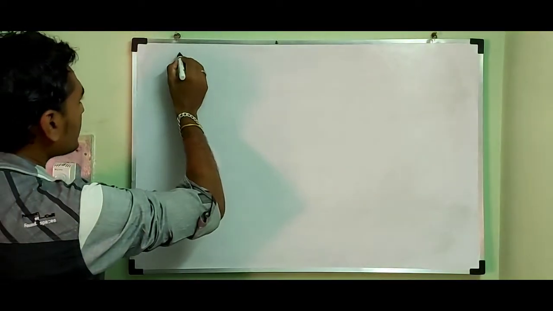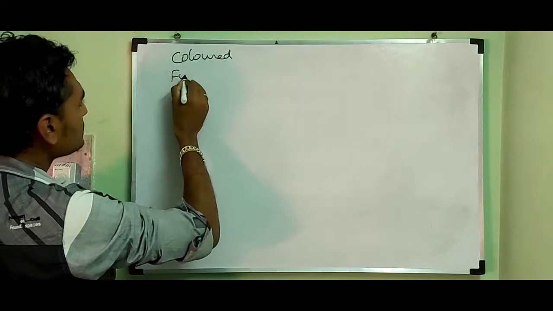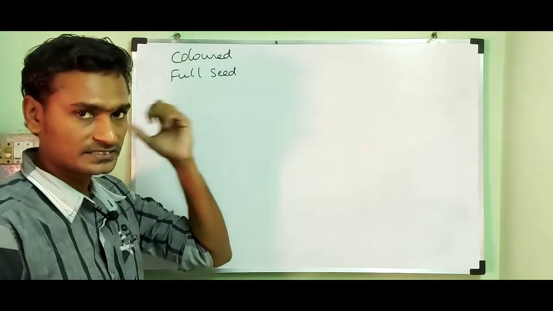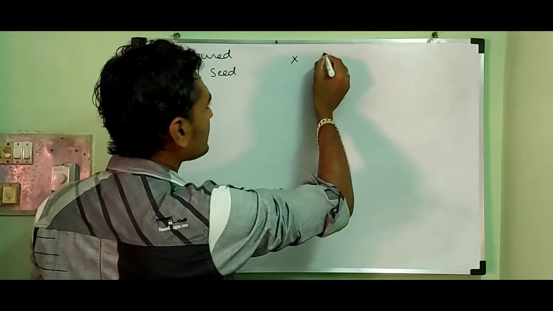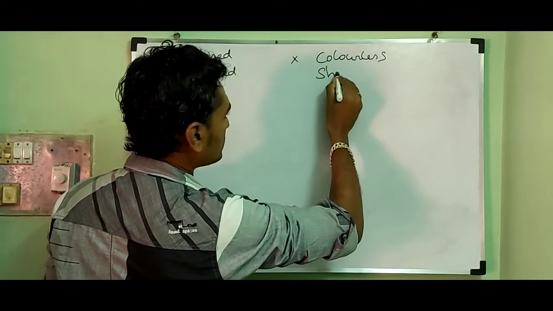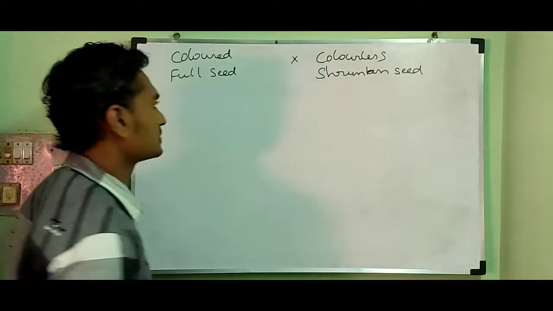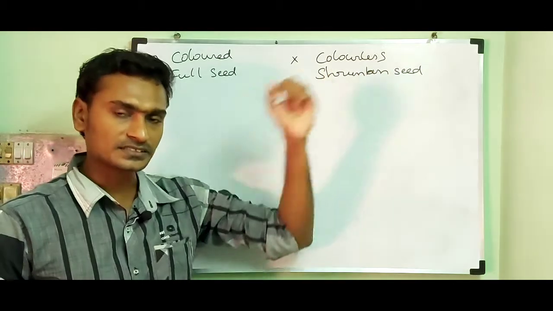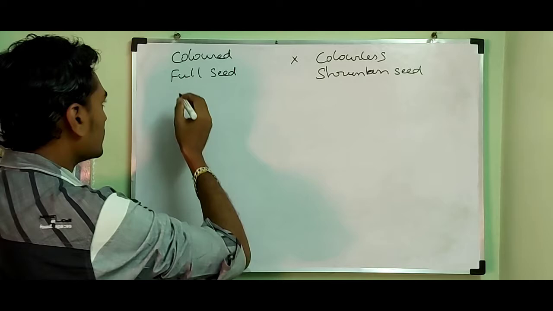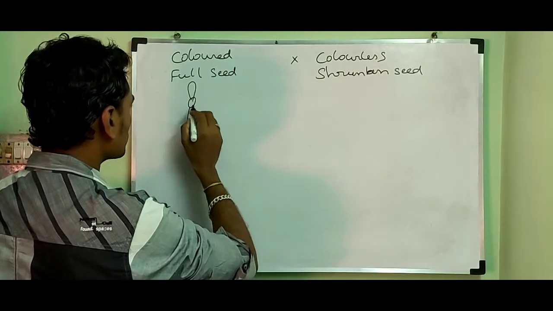The colored full seed is the homozygous dominant parent, crossed with the colorless shrunken seed, which is the homozygous recessive parent. Then let me write the genotype of the dominant parent. It has two homologous chromosomes.